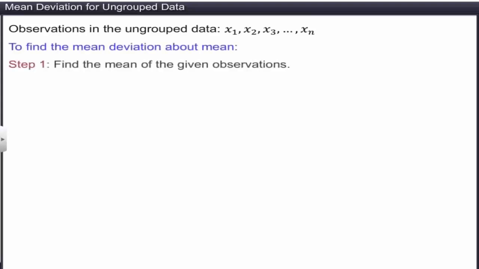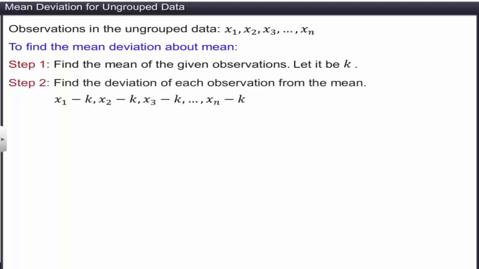Let's find the mean deviation about the mean of an ungrouped data. Let the observations be x1, x2, x3, and so on up to xn. To find the mean deviation about the mean, first find the mean of the given observations. Let this be k. Next, find the deviation of each observation from the mean.